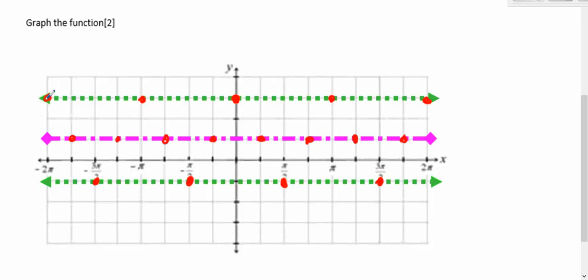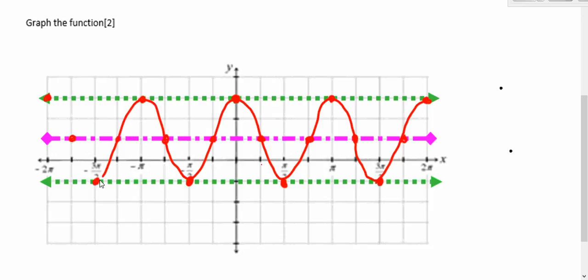You just have to do your best to draw the curve now. Something like that. Okay.